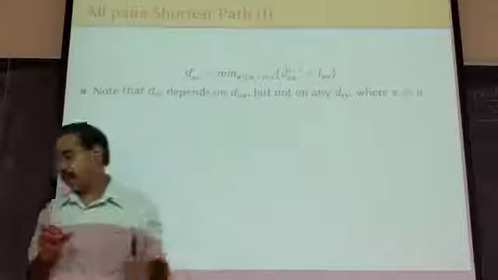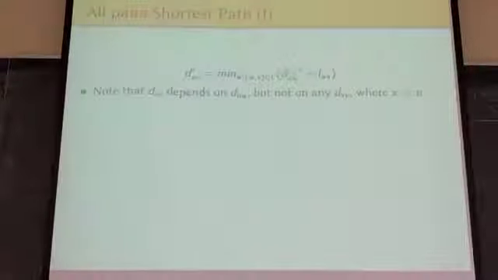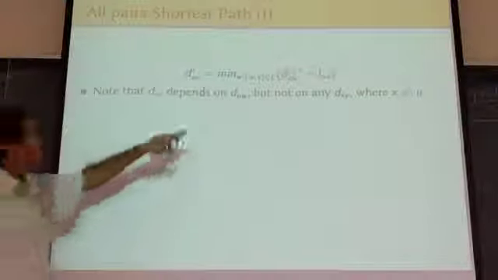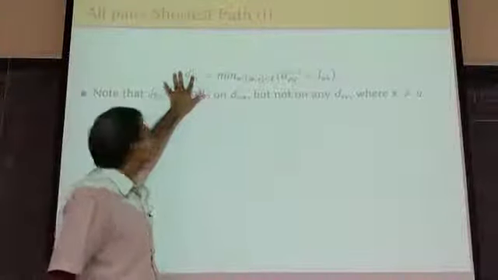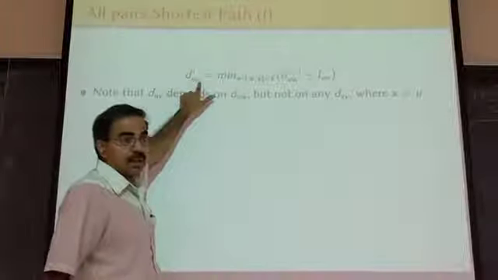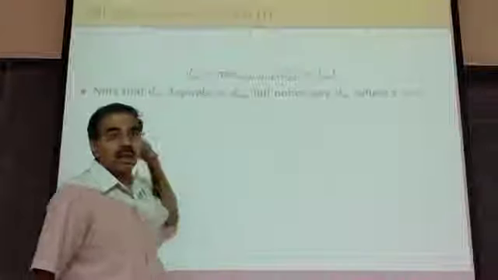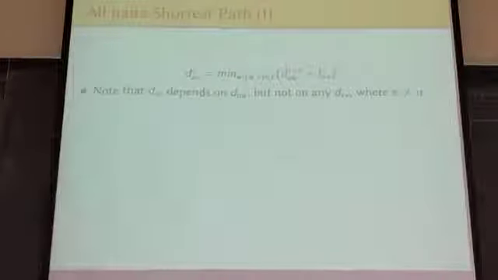This is the same equation that we had before, and we used the same equation for single source shortest path, except that the source was implicit the last time, so we just called it dV. Now, because we are considering all pairs, we have to make the source as well as the destination explicit parameters in that equation.